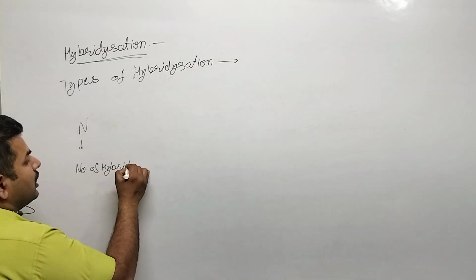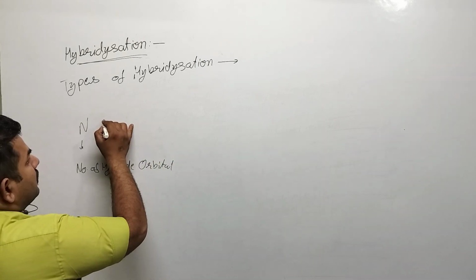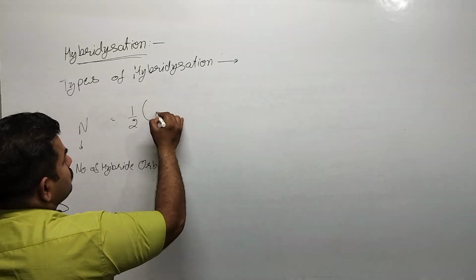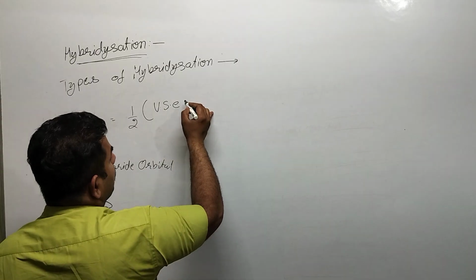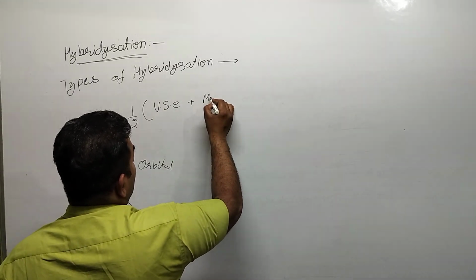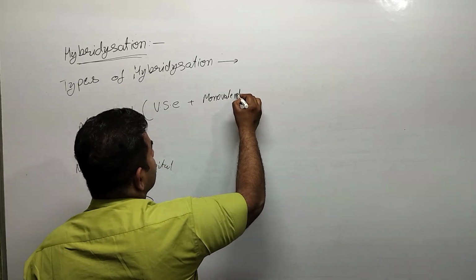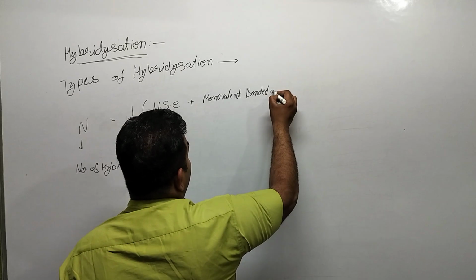Number of hybrid orbitals equals 1 by 2 of valence shell electrons plus monovalent bonded atoms.